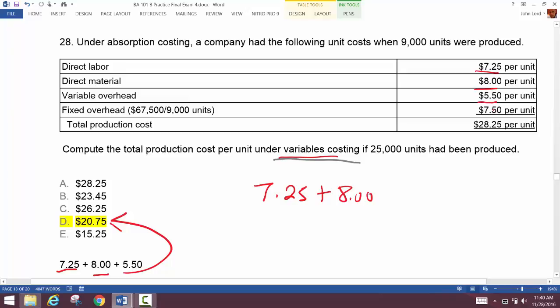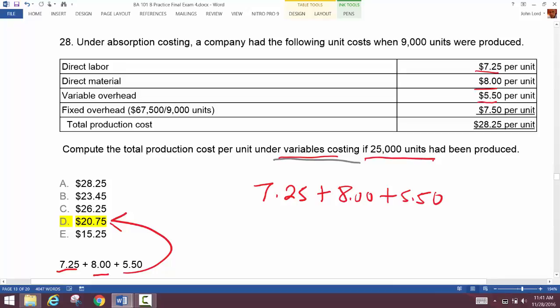So I'm going to pick up that 550. So far the answer is the same, right? Anything else I'm supposed to do? How many units did I produce? I produced 25,000 units, right?